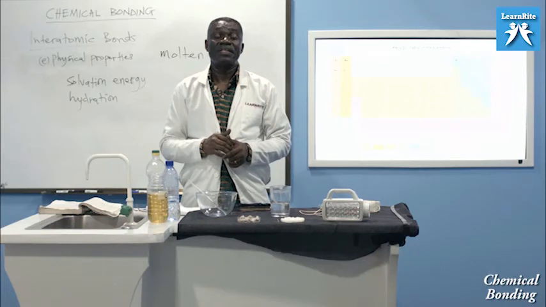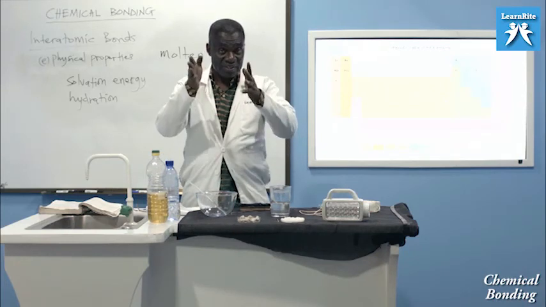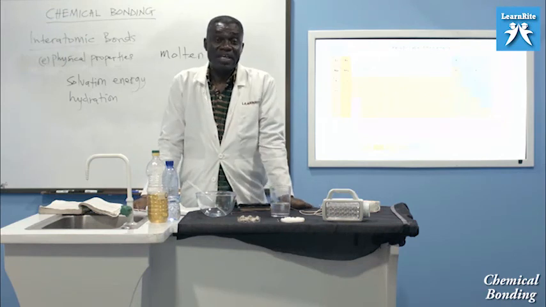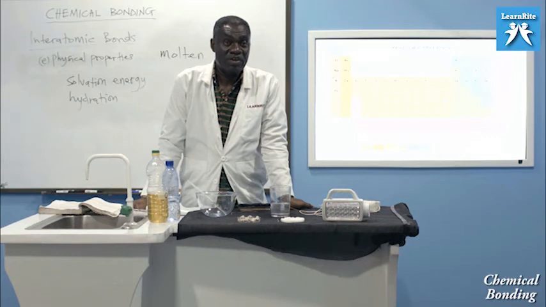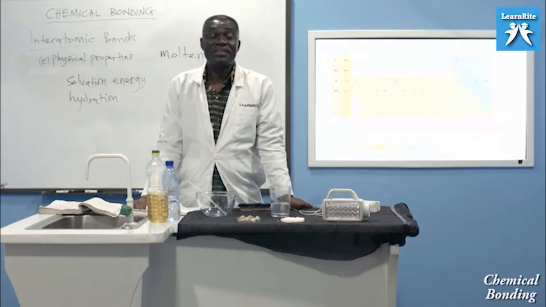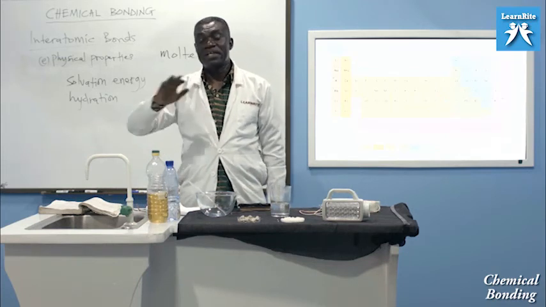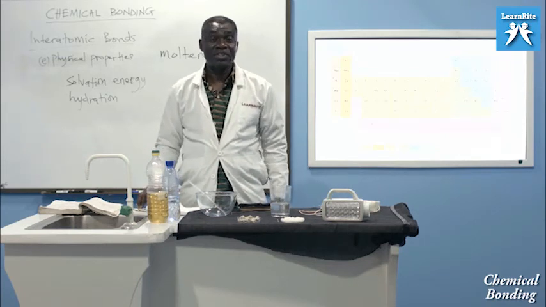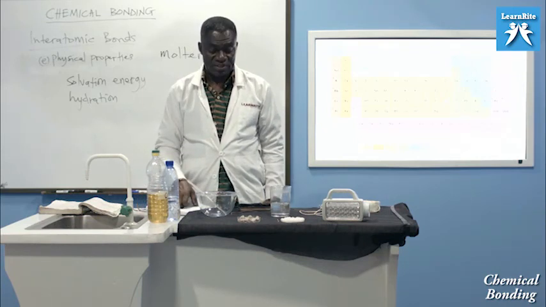Why does maybe lithium fluoride have a high melting point? They'll ask questions on this. Sometimes they'll just ask you to list 2 or 3 physical properties of ionic compounds, and you have to just list them. They don't ask you to list with explanation, just list. They conduct electricity in the molten state. They are solids at room temperature. But if they say with reasons, you must go ahead and state the reasons.